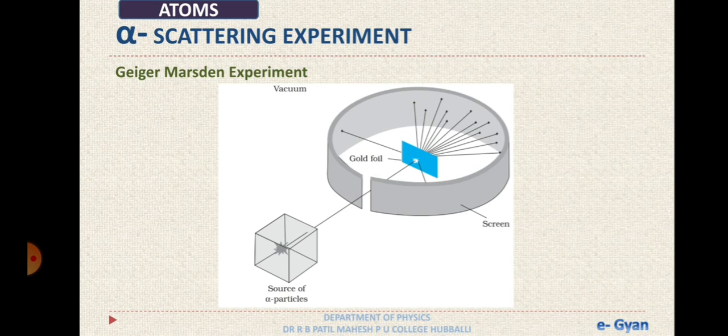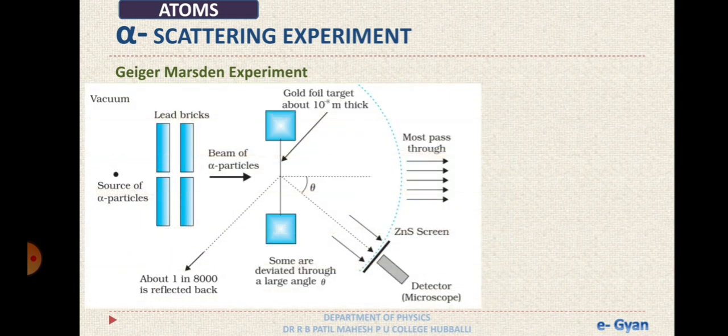The scattering of alpha particles is seen using a screen. To go through the experimental setup, the construction goes something like this. The whole setup is placed inside a vacuum.